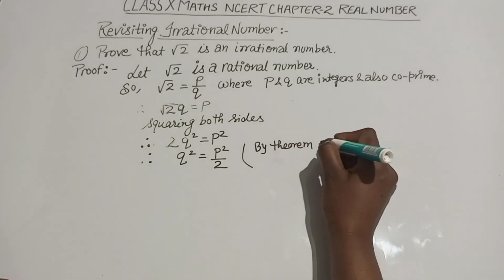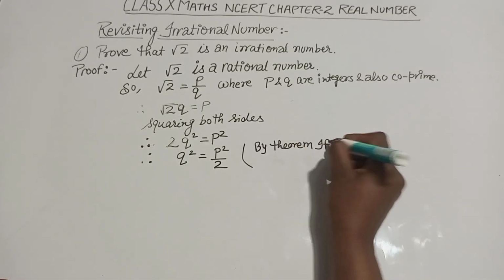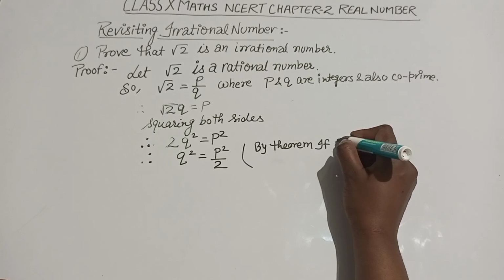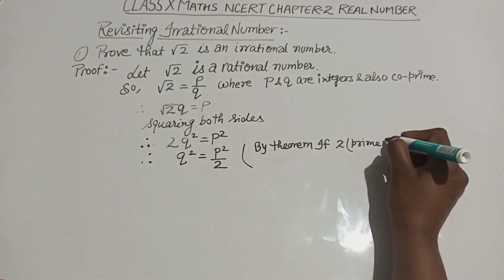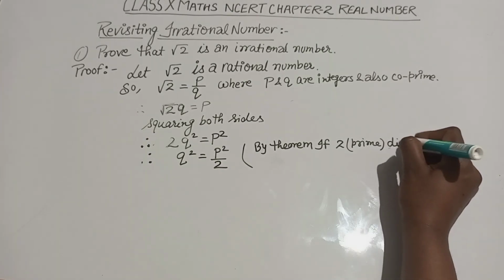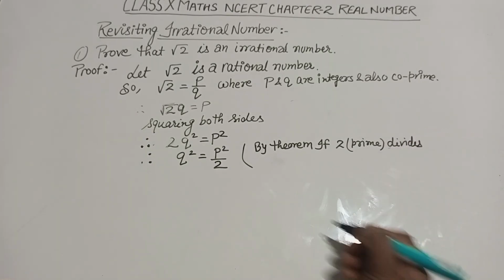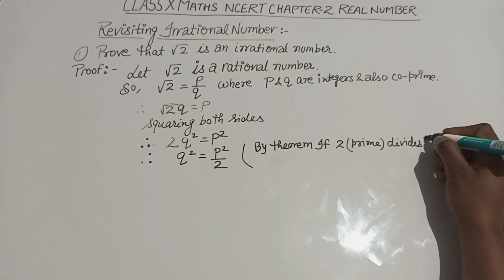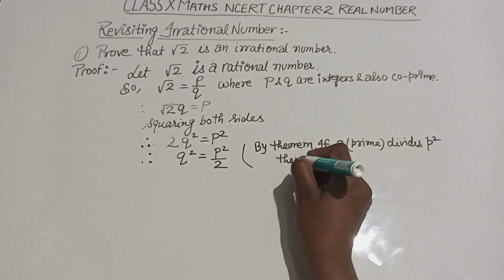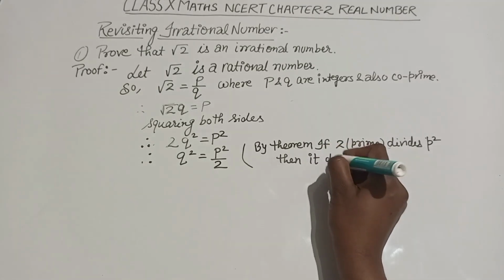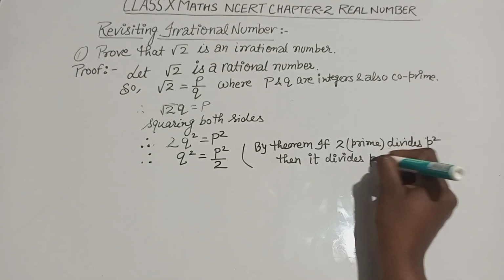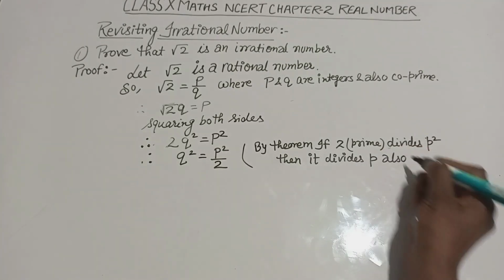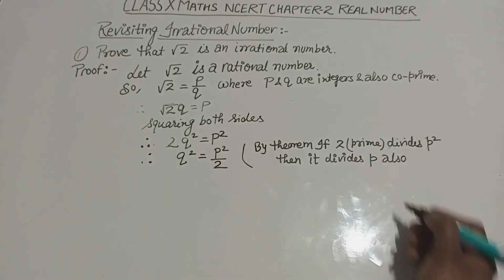Now by the theorem, if 2, that is prime, divides p square, then it divides p also. Obviously it divides p also.